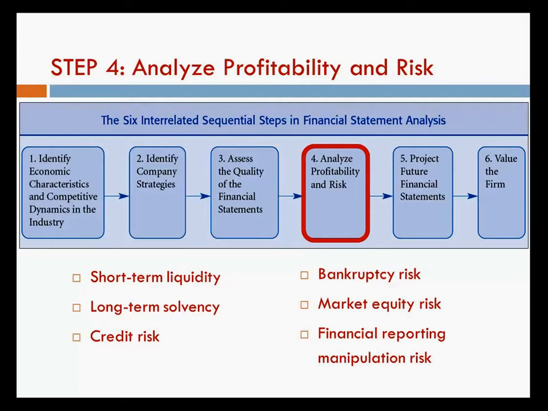Market equity risk, which we just mentioned in the last chapter as beta. We'll talk about it a little bit here, and a lot later on in the semester. And then you can even quantify the risk that your management team is manipulating data.